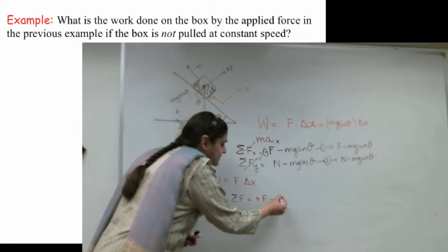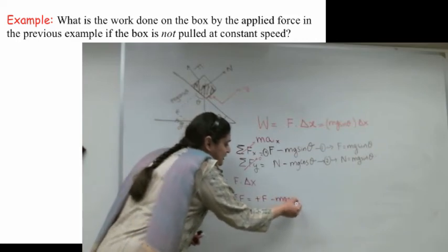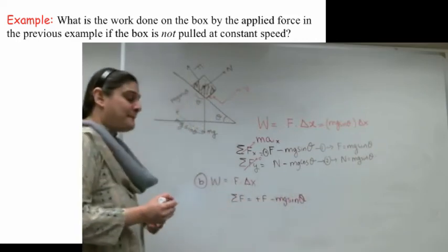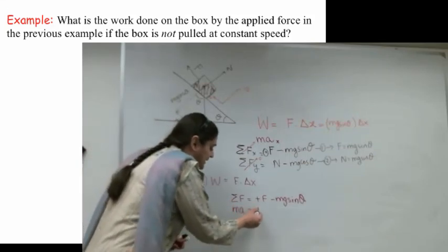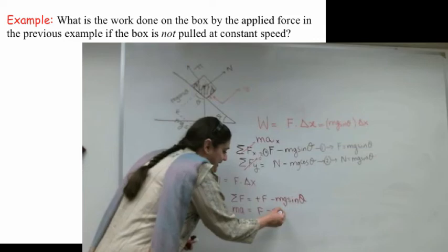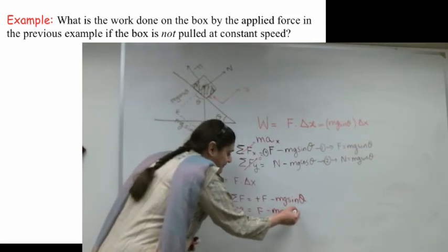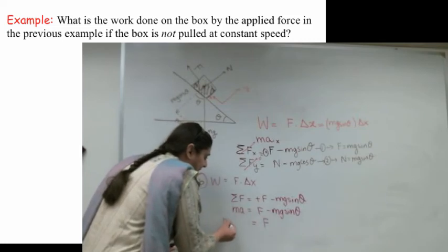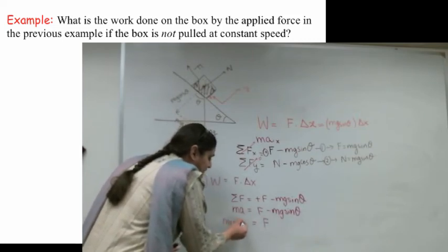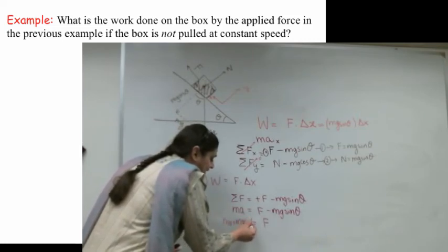The applied forces don't change. They will still be mg sine theta. However, this is now going to become ma equals F minus mg sine theta. This means F now becomes ma plus mg sine theta.